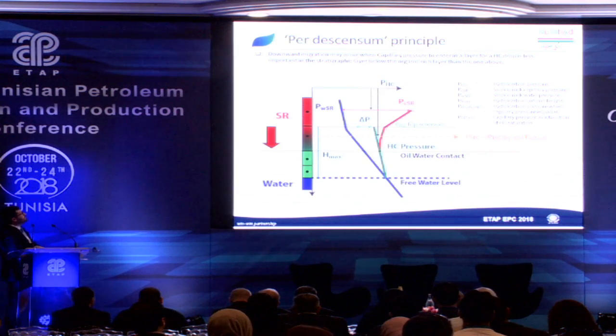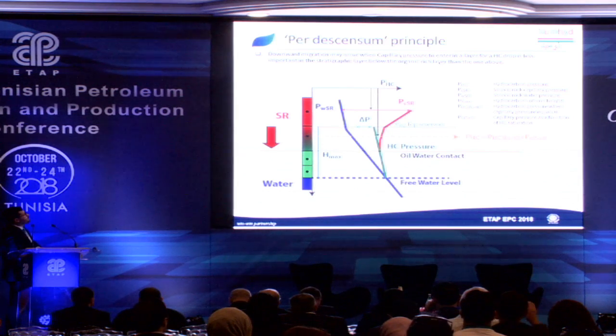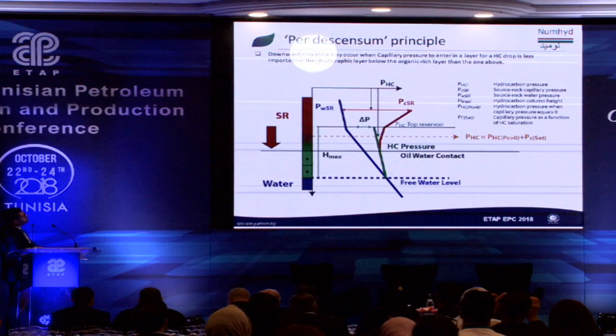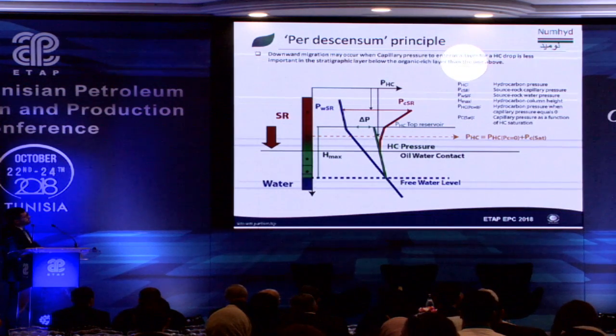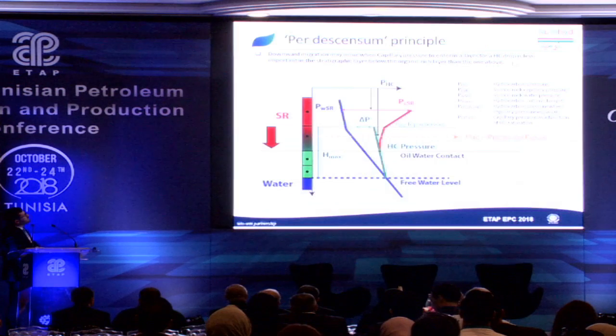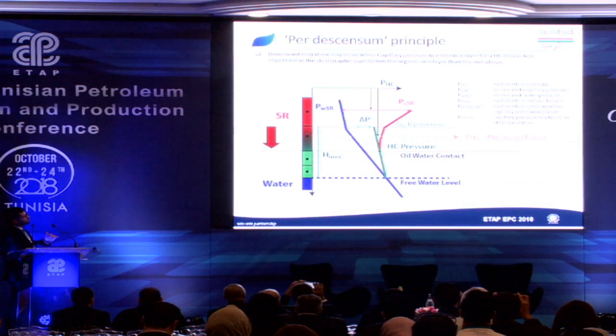Very quickly, because we are going to talk about downward migration processes. First of all, to have downward migration, we have a condition. Downward migration may occur when the capillary pressure for an HC drop to enter a layer is lower in the stratigraphic layer below the organic-rich layer than above.